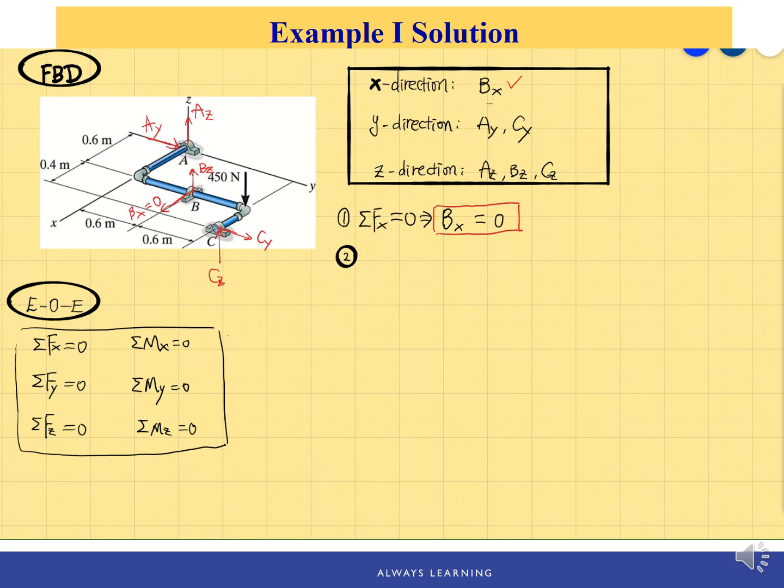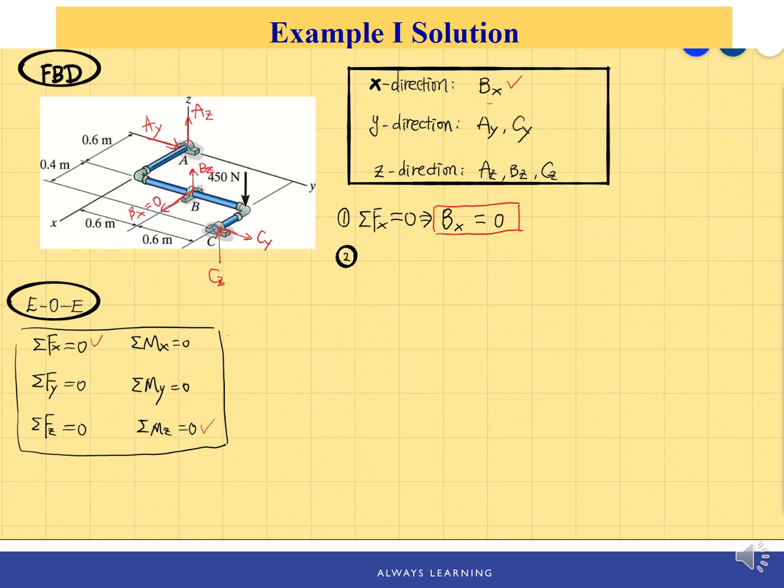So if I use the moment about the z-axis, we can check this equation as already used, then I will eliminate Az, Bz, and Cz in my equation.